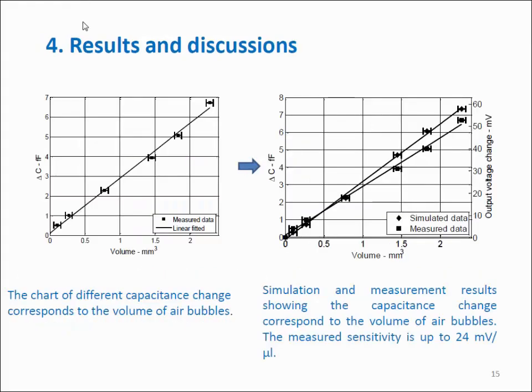So we have made some calculation, and then the volume of air bubble change, and we have the data, the changing of capacitance, and the measured sensitivity is up to 24 millivolt per microliter. So we compare both the measurement result and simulation results. It matches together like on the figure.